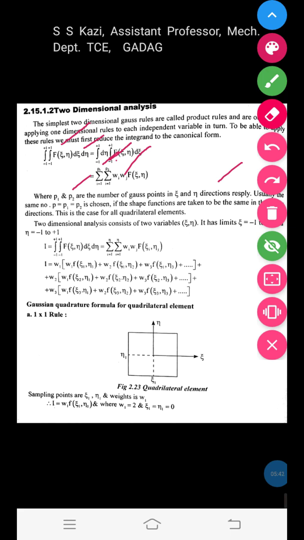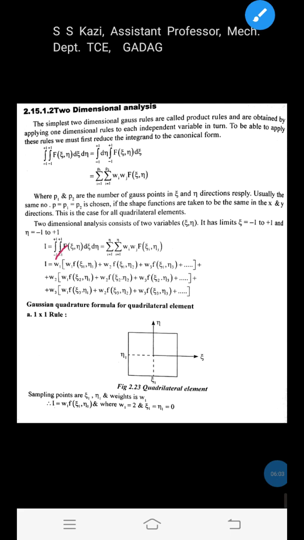Now from the limits -1 to +1, this integral with respect to zeta, neta can be approximated as the summation i equal to 1 to n, j equal to 1 to n of wi wj f of zeta i, neta j.